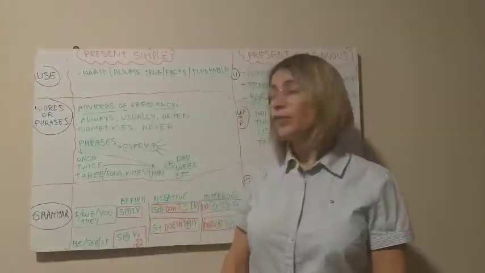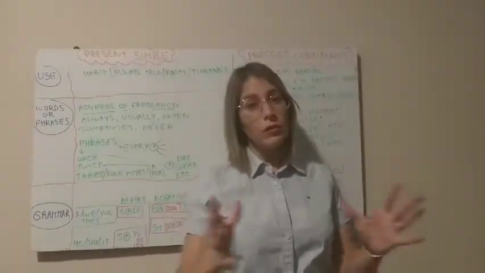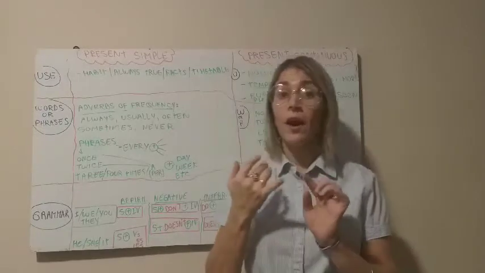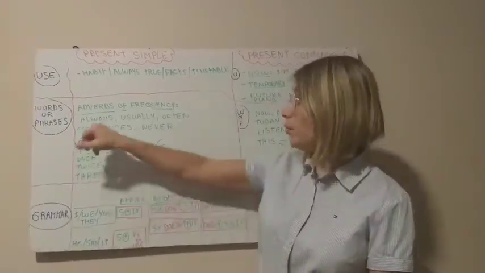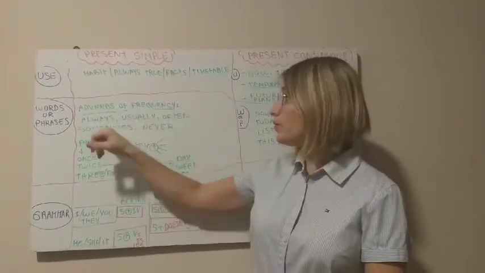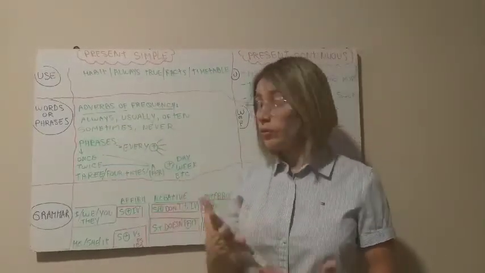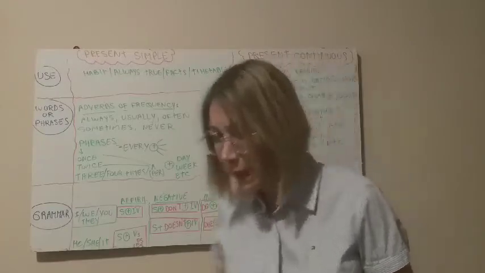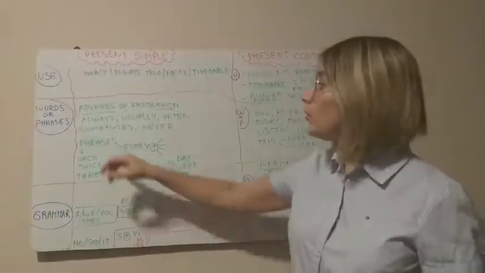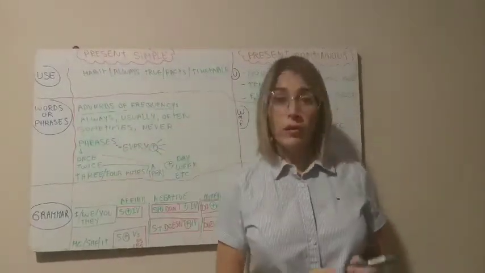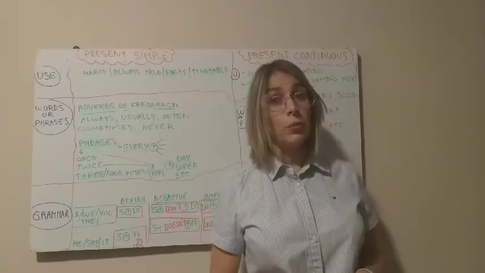The words and the phrases that we are going to use with simple present are adverbs of frequency. Remember, they are always, usually, often, sometimes, and never. Then we have some phrases also that we have to try to remember. They are all the phrases which are preceded by the word every.